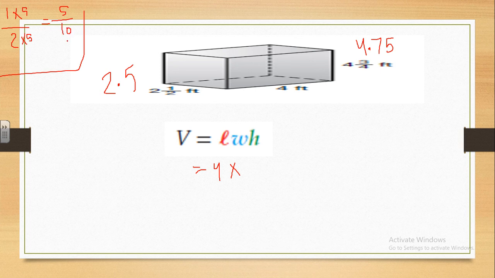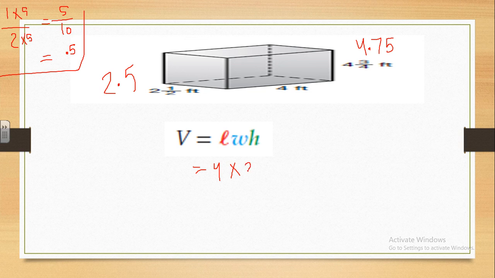Now we have 5 over 10. So if I want to write it as a decimal, we will write the number in the numerator, that was 5, over 10. The 10 has one 0, that means we will put the point after one digit. So we will put a point here. So the half equals 0.5. So we have here 2, so we will write 2.5. That's it. So let's get back to our rule.